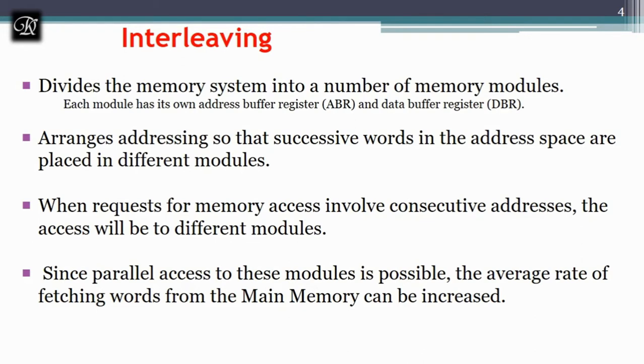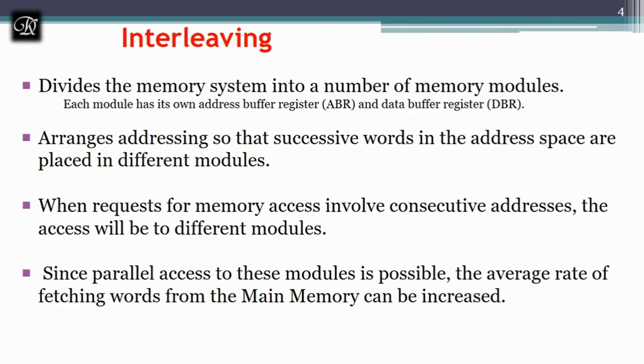The complete memory is divided into modules, and for each module we'll have an address buffer register and data buffer register. And we should arrange these in such a way that successive words can be accessed easily.